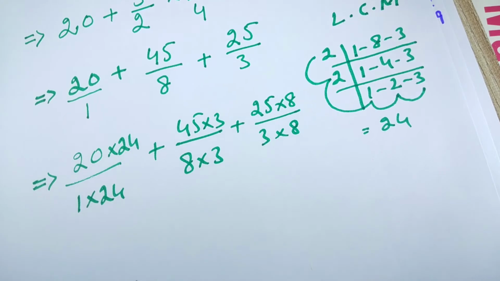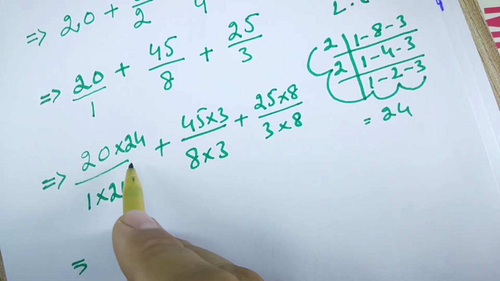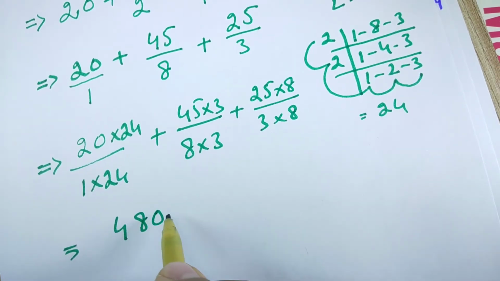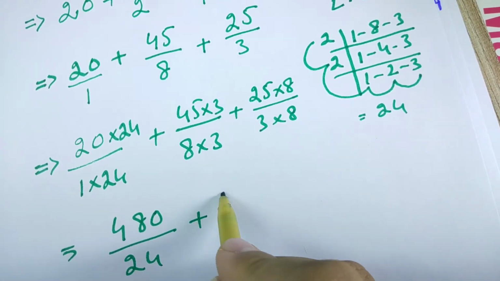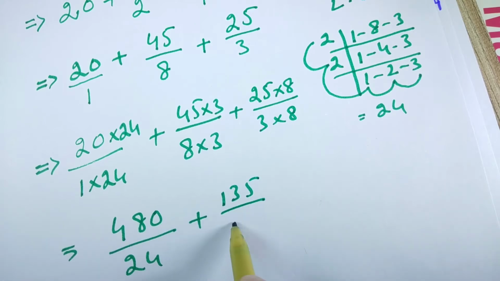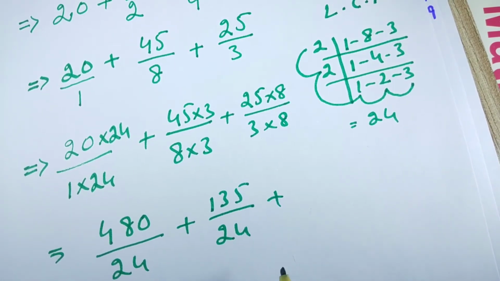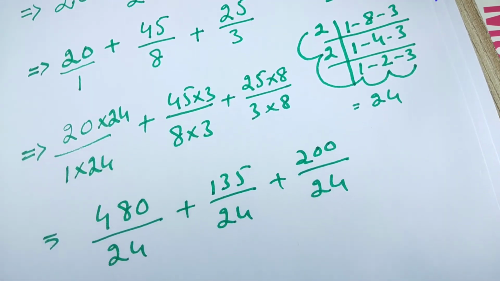Okay friends, next step is 20 multiplied by 24, 480 divided by 24, plus 45 multiplied by 3, 135 divided by 24, plus 25 multiplied by 8, 200 divided by 24.